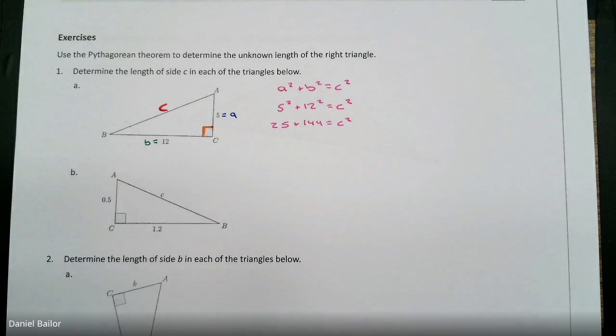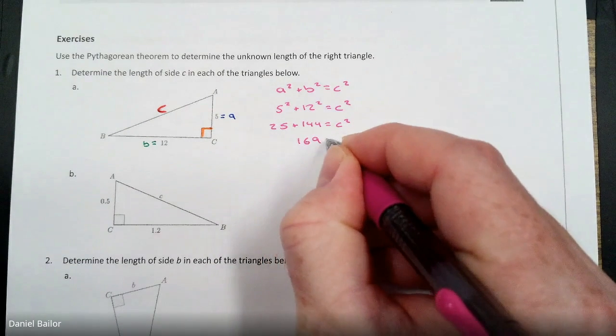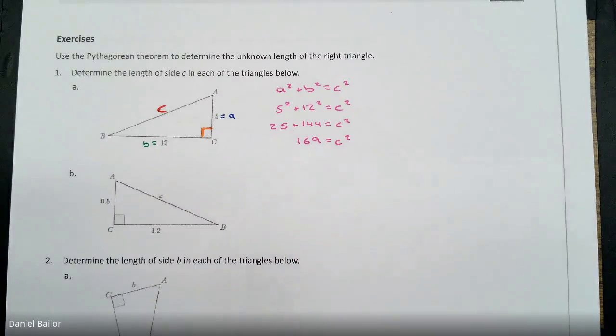Now we are adding. 25 plus 144 is 169. So C squared is 169. Now you might not know that. I know that, but you might not know your math facts that high. 169 is actually 13 times 13.